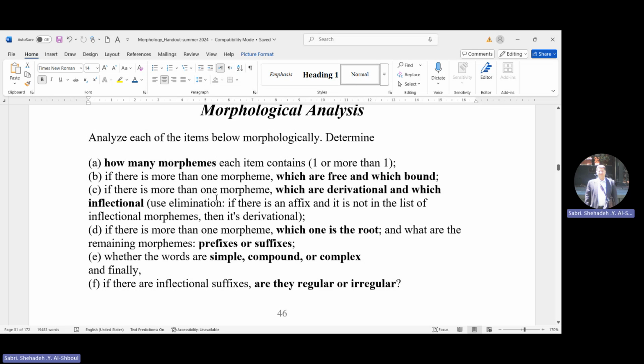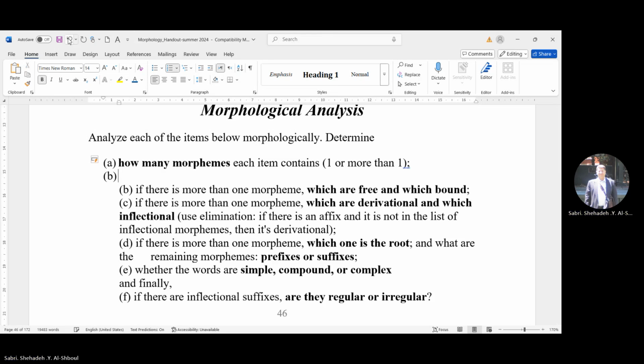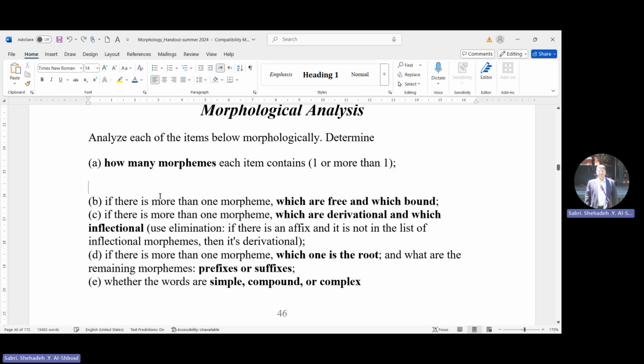We will begin with the first tip: how many morphemes in each item. When we say item, it is a kind of word form. So when we talk about the item here, we talk about word forms.